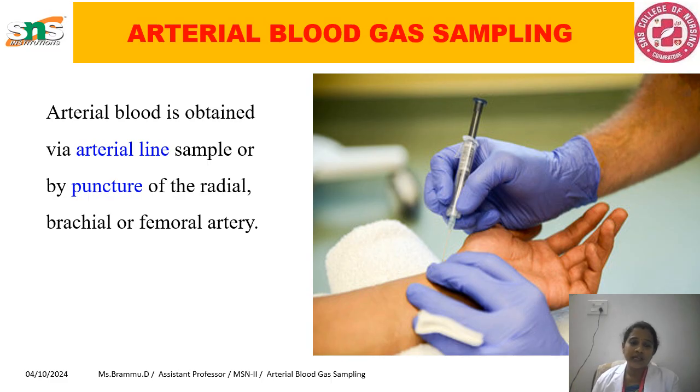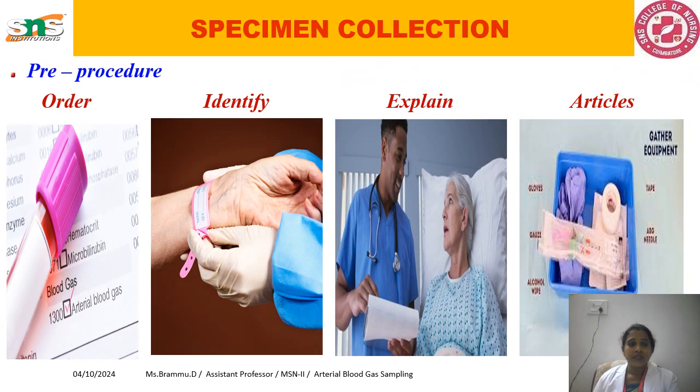Arterial blood gas analysis sampling is obtained via the arterial line, as I told you earlier. Usually it is an invasive procedure done by puncturing either the radial artery, brachial artery or femoral artery. So before starting the specimen collection, what is the pre-procedure we do?